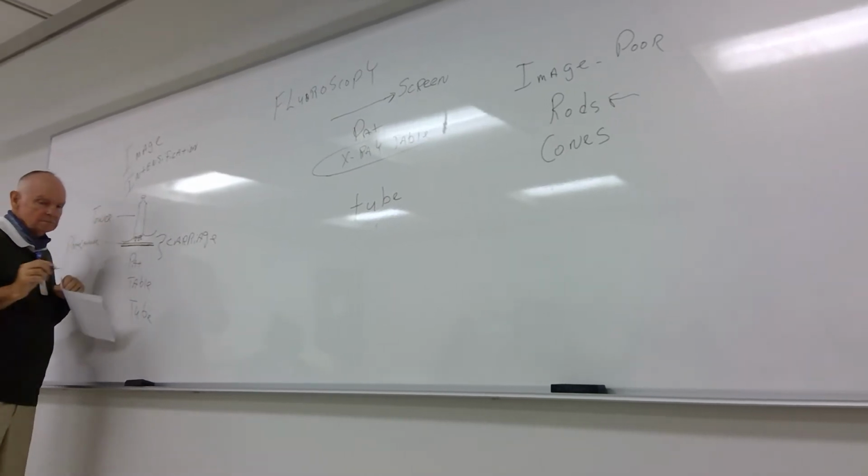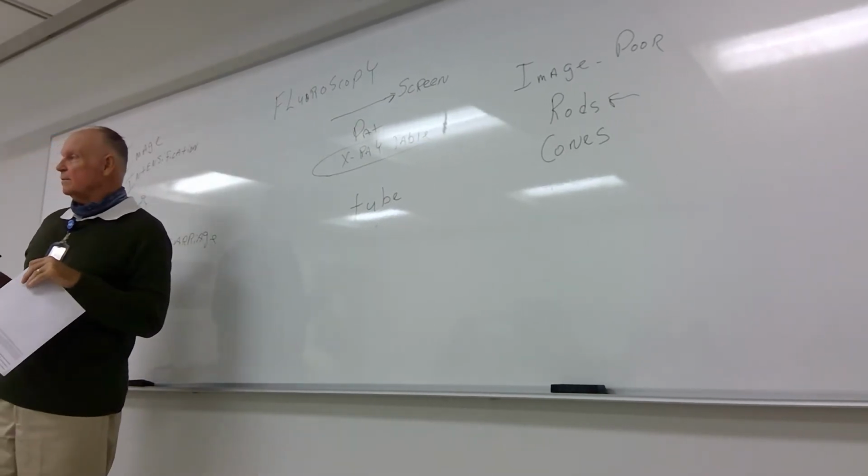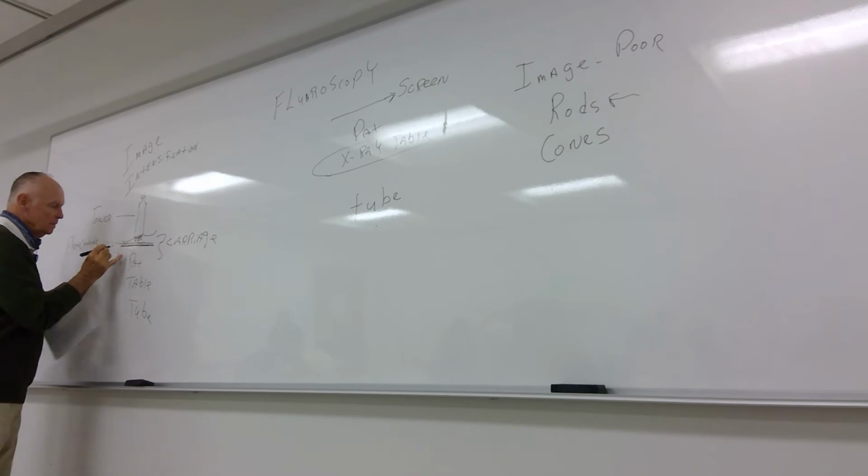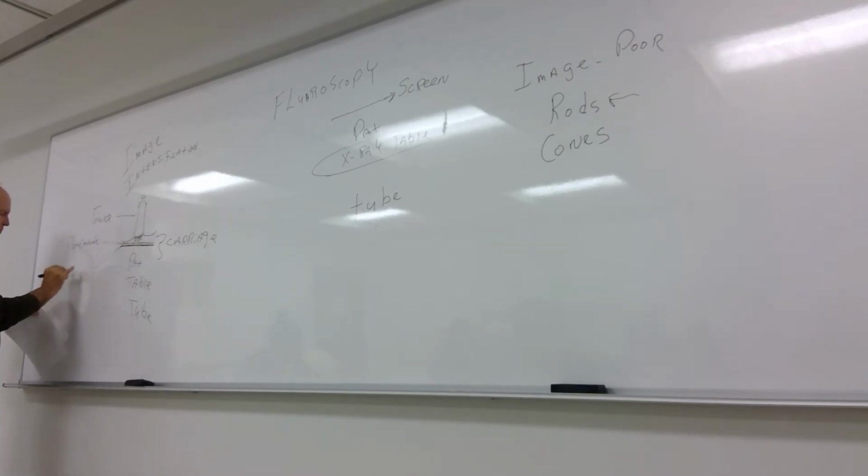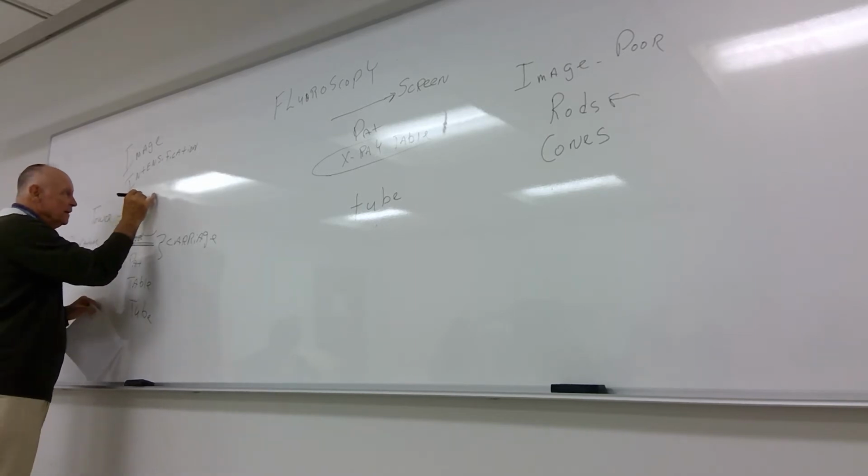Is there a name for that bottom screen? Input screen. Now let me label it for you. And as long as we're on it, if you have an input screen, you have an output.